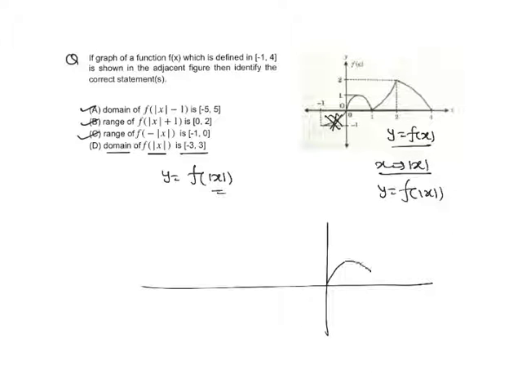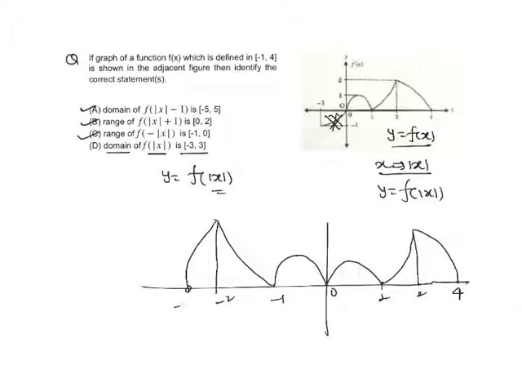So this is 0, this is 1, this is 2, this is 4. Now the mirror image on the left hand side, if I draw, will come like that, 0 to -1, this is -2, and this is -4.